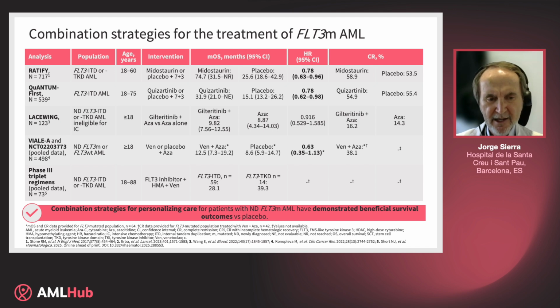The VIALE-A showed the advantage of venetoclax versus placebo plus AZA, and more recently there are ongoing phase 3 treatment regimens also in patients with FLT3 ITD and FLT3 TKD.